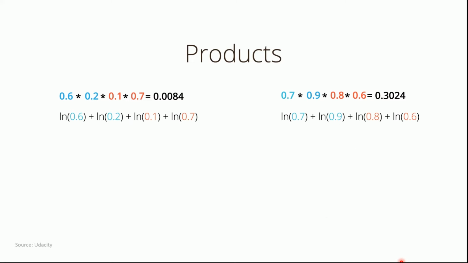Okay, so let's apply the logarithm on the probability produced by the sigmoid function for our data. So here we will add the logarithms for each of our cases, and they will produce these numbers. Now, these numbers are negative, as any number that is less than 1 will produce a negative logarithm, right?